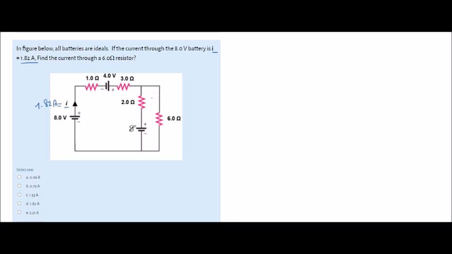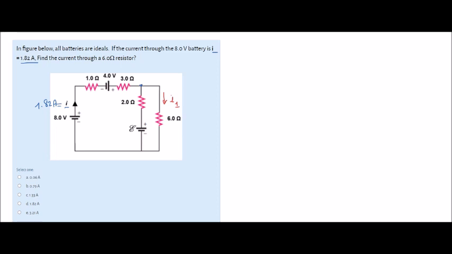We have this current I coming here. Here there is a junction, but we don't know the direction of the current in the 6 ohm resistor. What do we do if we don't know? We assume a direction like that. Let's call it I1. If I1 is positive, I chose the correct direction. If I1 is negative, I have the opposite direction. All I need is the value.